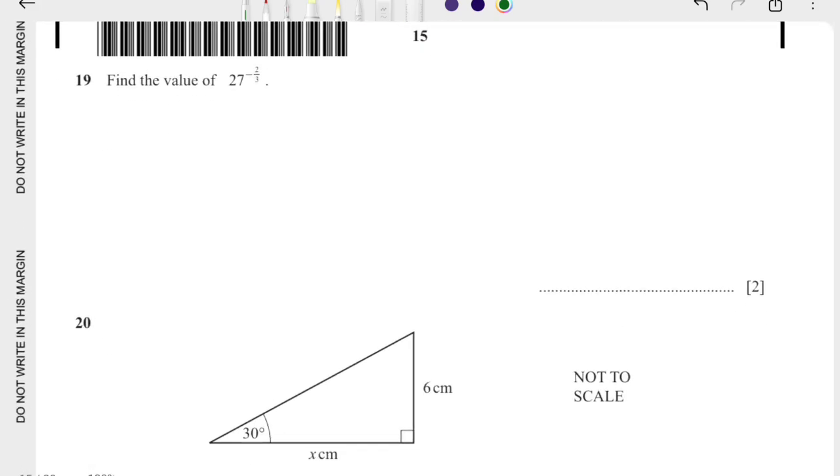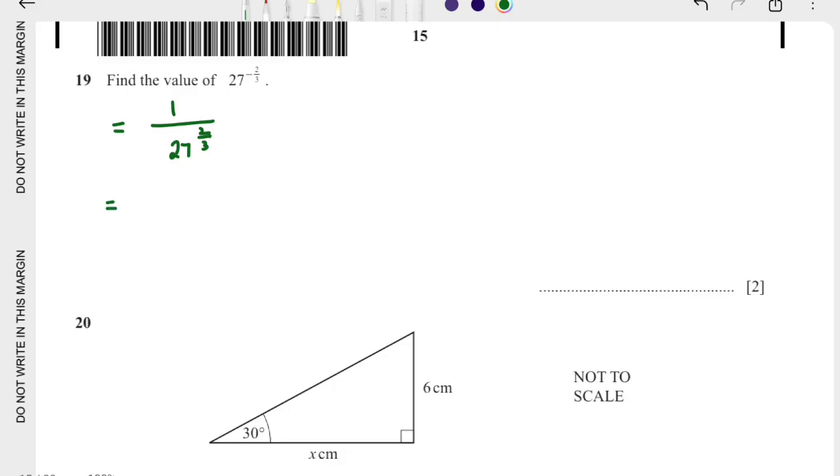Question number 19. Find the value of 27 raised to power minus 2 by 3. It can be written as 1 upon 27 raised to power 2 by 3.